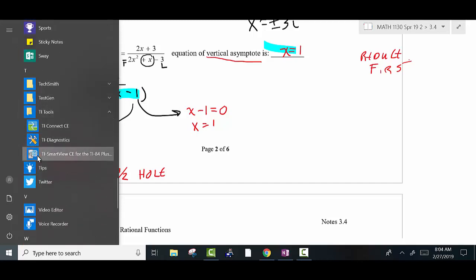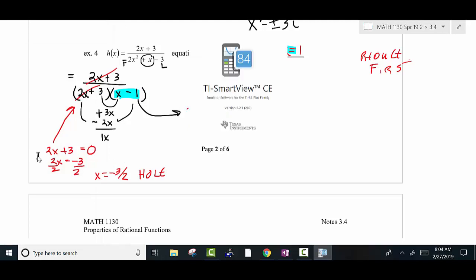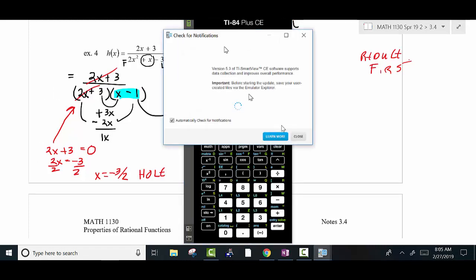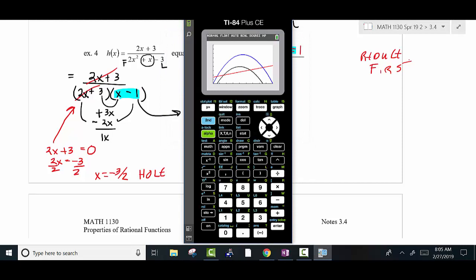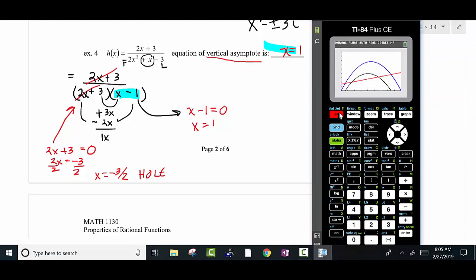Be sure you have parentheses around the top and bottom. And what you'll see is the only thing you'll see on your calculator probably is a break in the graph one place. That's all you'll visually see. So let me go ahead and get this set up.